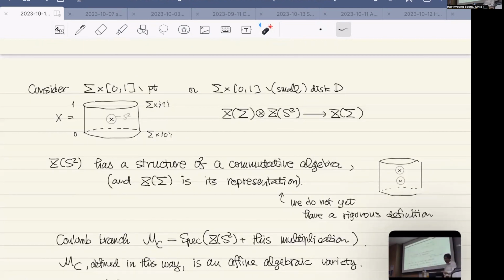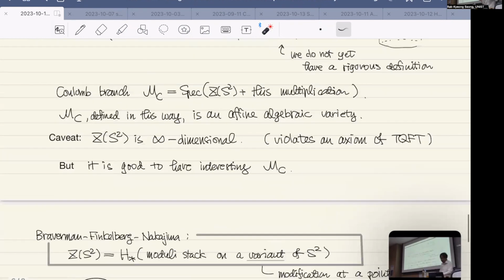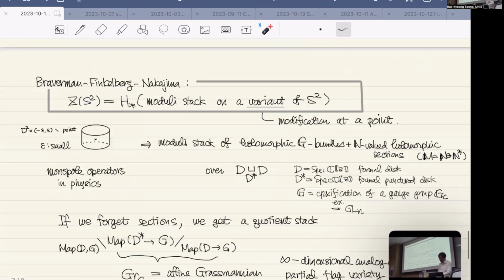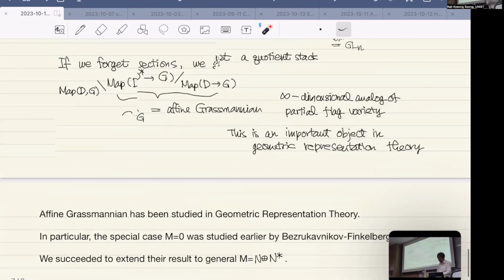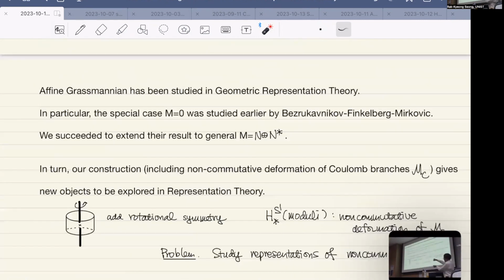But if I assume the rotational symmetry, then you cannot move the two balls in the horizontal direction. So you have a monopole operator here and a monopole operator here, but you cannot switch the order in a smooth manner. So you lose the explanation of why the multiplication is commutative. In fact, you get a non-commutative algebra in this way, and so this gives a non-commutative deformation.